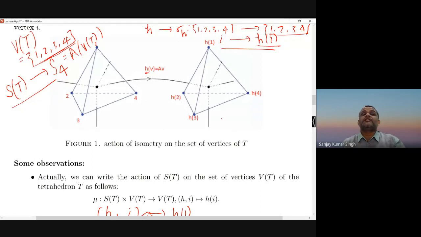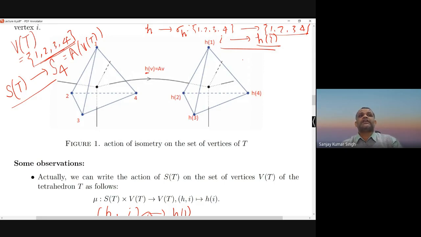Then I have already made a remark that if all vertices are going to the same vertices, then this map will be the identity. Why? Let me now give a different proof. Suppose I have 4 vectors in R3. Using these 4, I can construct 3 linearly independent vectors. Now all 3 linearly independent vectors are going to the same linearly independent vectors.